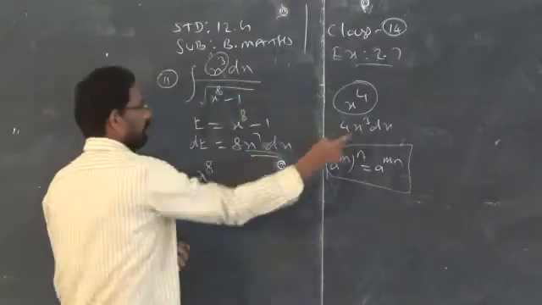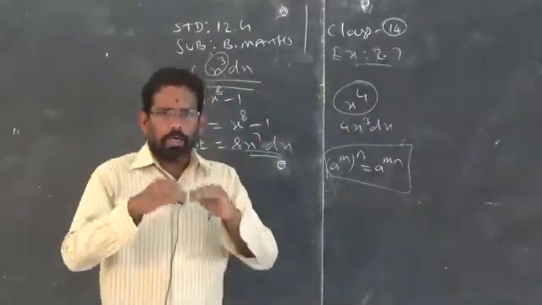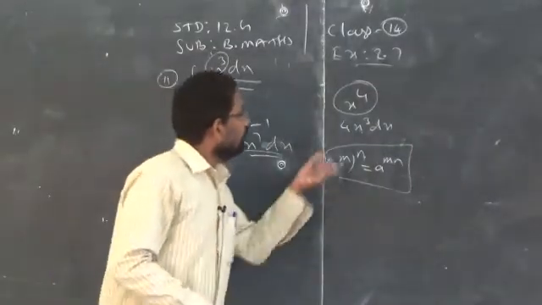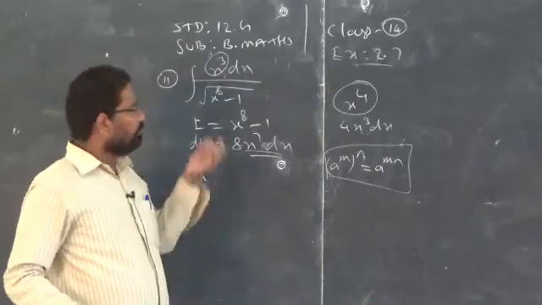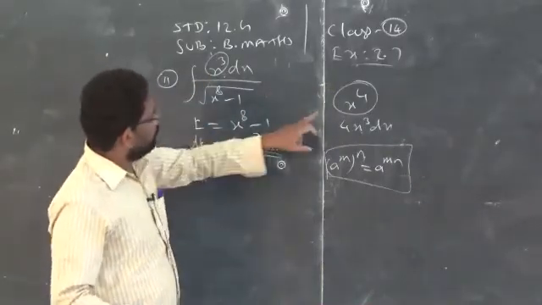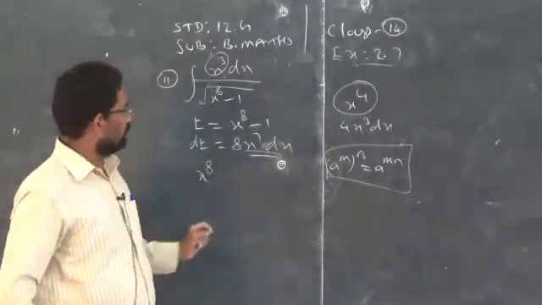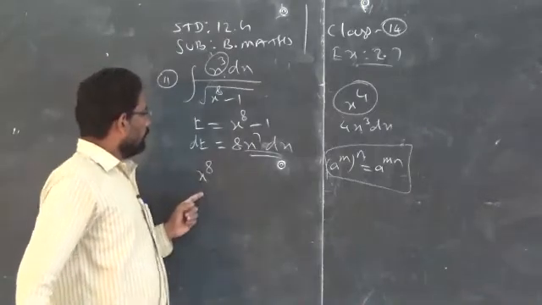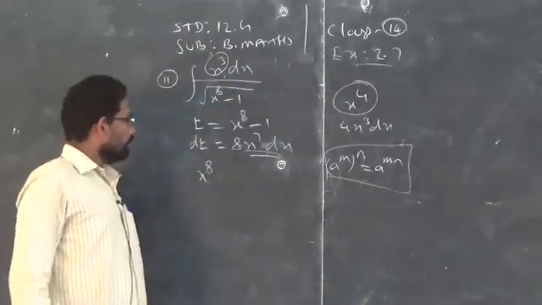See, I got it. Therefore, depending upon the numerator, you have to rewrite the given factors in terms of x power 4 to get x cube into dx.